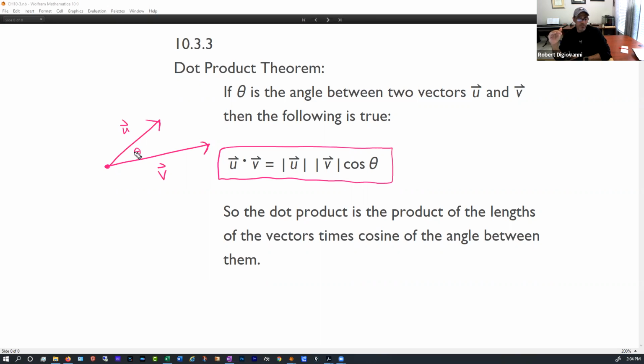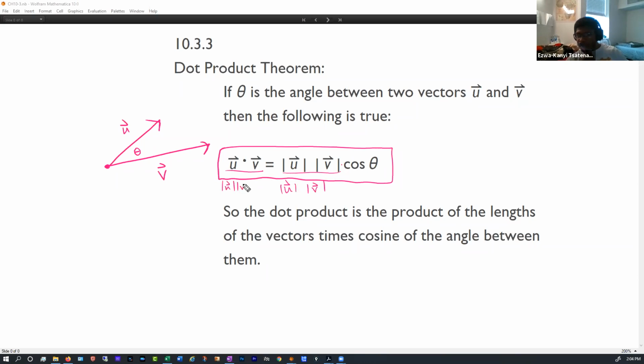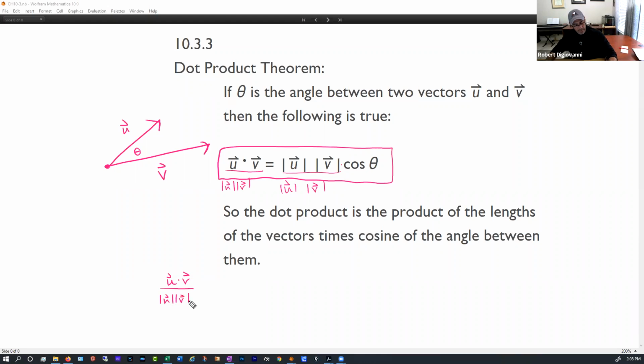It's a major result because if you have that equation, you could always solve it for theta, couldn't you? Like if I asked you to solve this for theta, let's see what we would do. This is multiplication. Couldn't I divide both sides by magnitude of u, magnitude of v? Yeah. And so I'd have u dotted with v over the magnitude of u times the magnitude of v equals cosine theta.